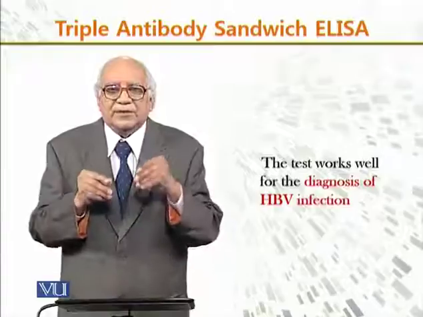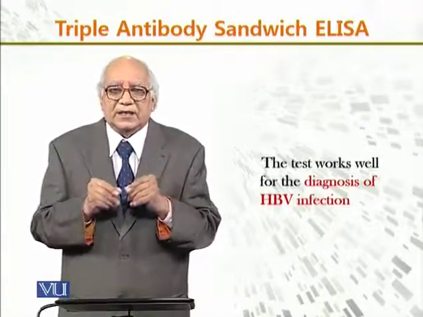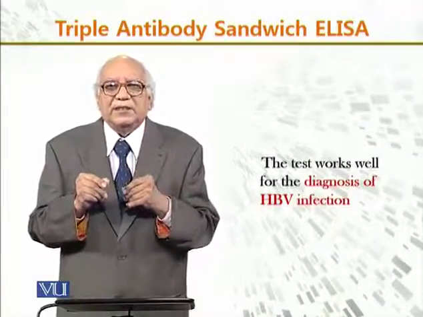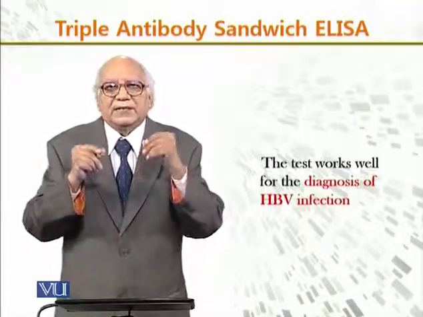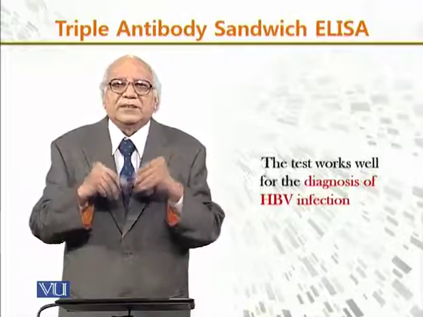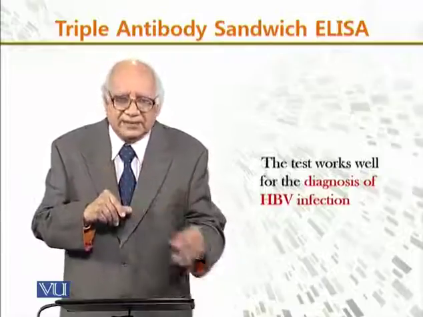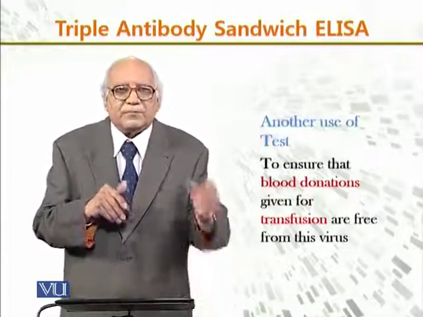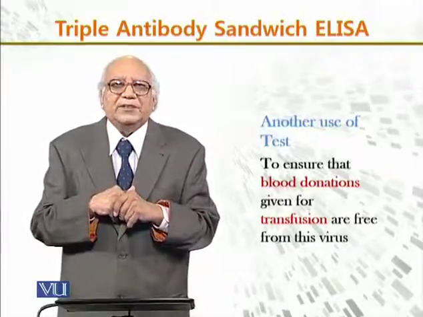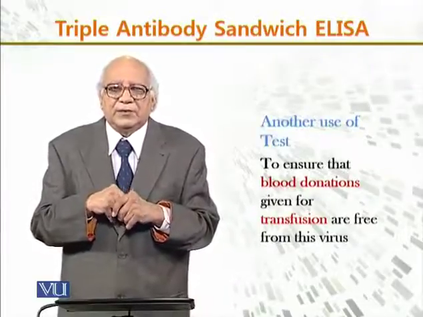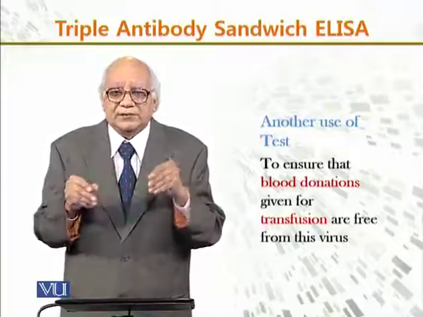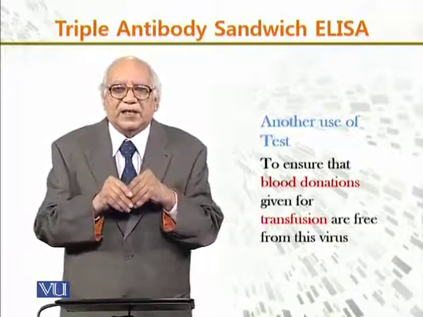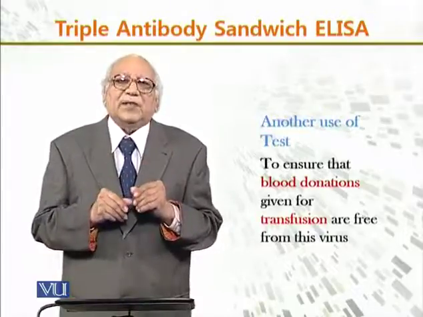The test works well for the diagnosis of HBV infection. Hepatitis B infection, it works for that diagnosis. Now another use of this test is to ensure that the blood donations given for transfusions are free from this virus.